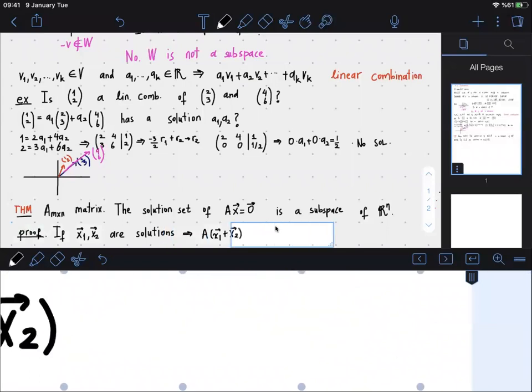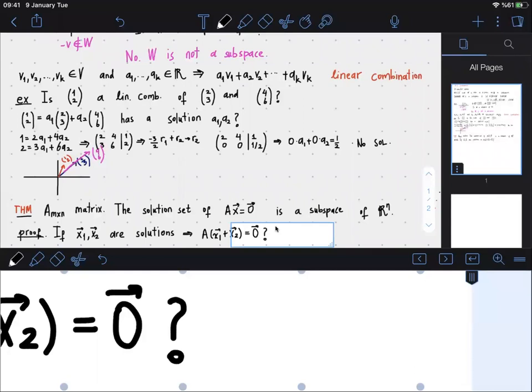So what does it mean to be a solution? It means that A times (x1 plus x2) should be 0. So is this satisfied? If we have two solutions, x1 and x2, what do you think?